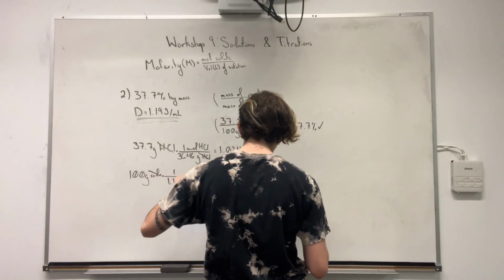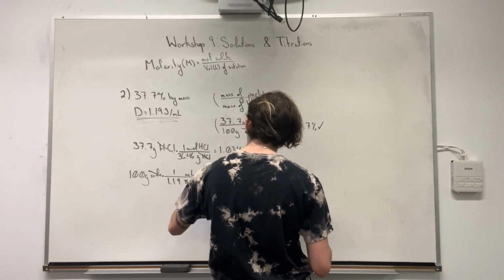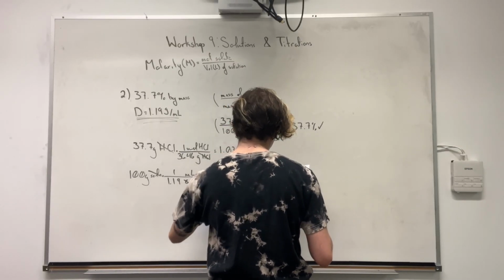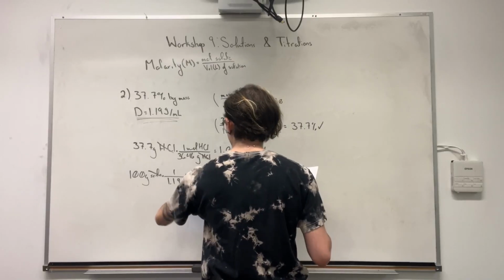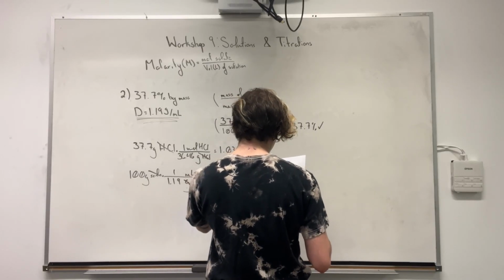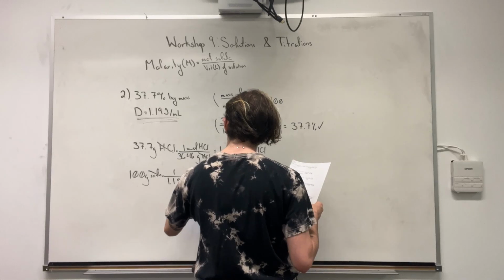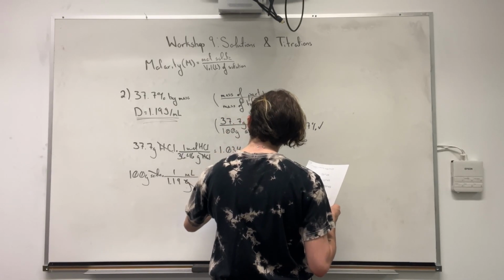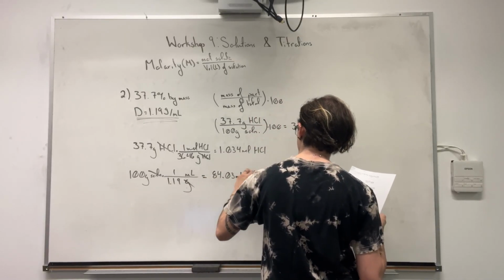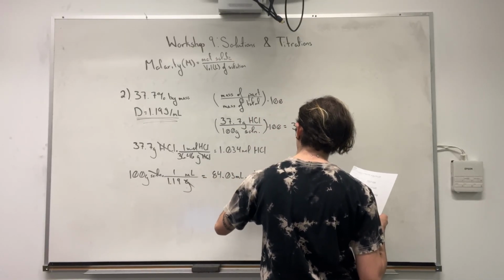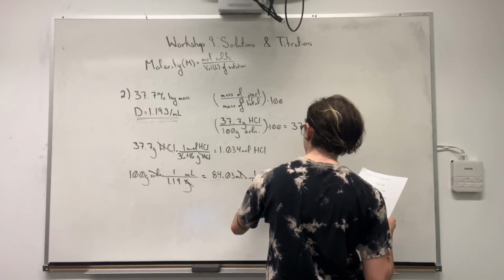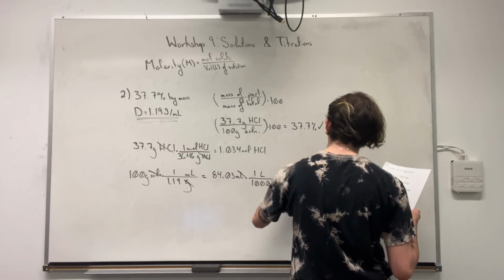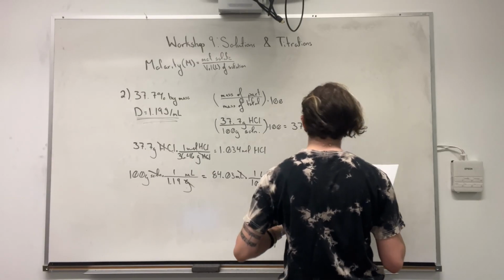And so 100 divided by our 1.19, we have 84.03 milliliters, and of course, we need this in liters. So we divide by our 1,000 milliliters, and so we have a volume of 0.08403 liters.